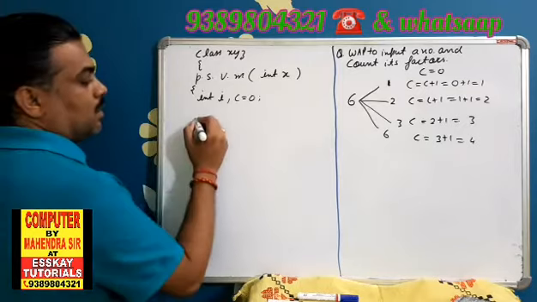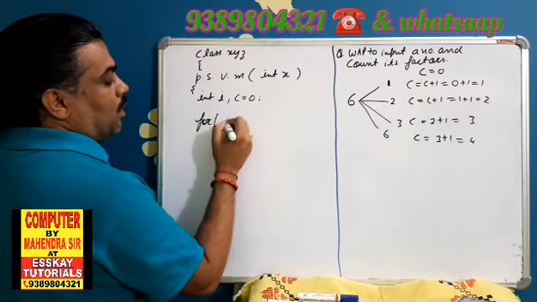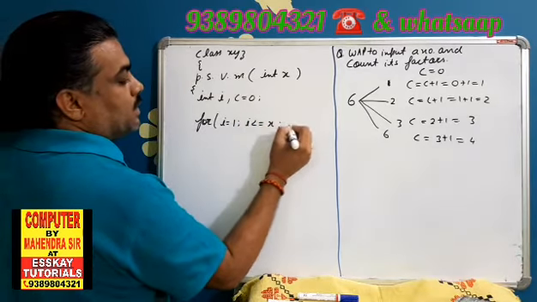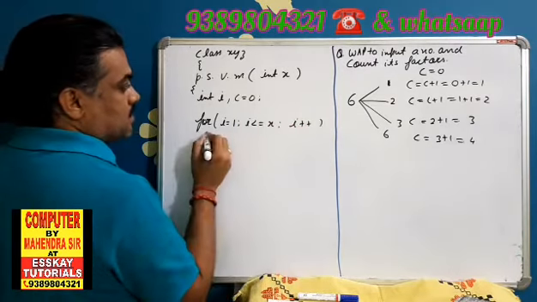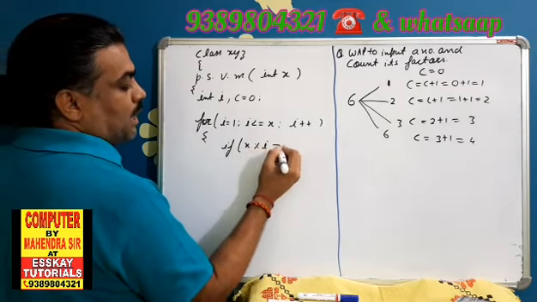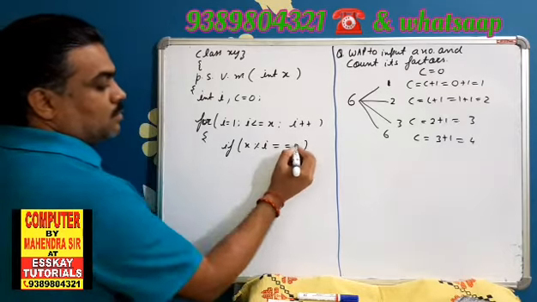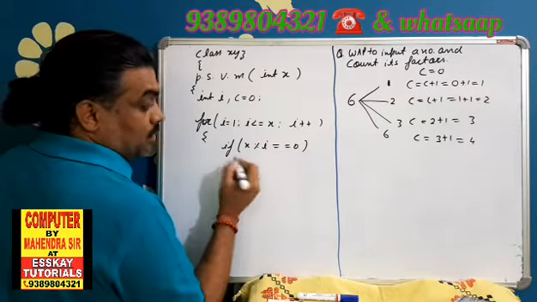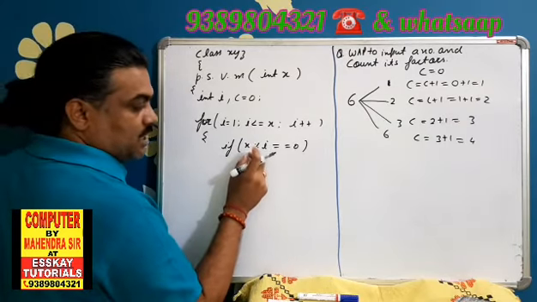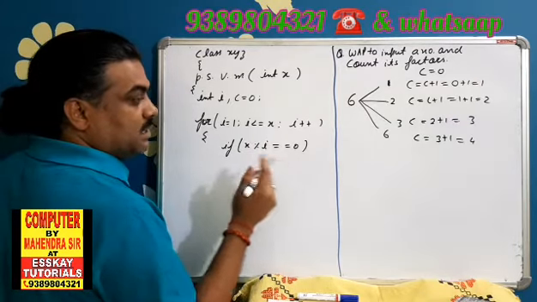Coming to this, I write for I is equal to 1, I less than equal to X, and I plus plus. If X mod I is equal to 0, then my condition is true. Suppose 6 is divisible by 1, yes, it is divisible.